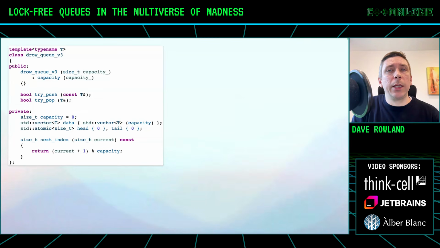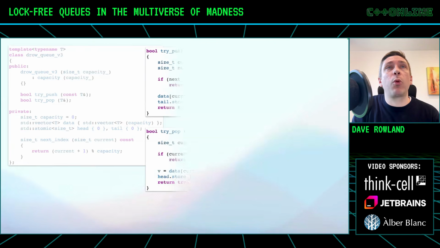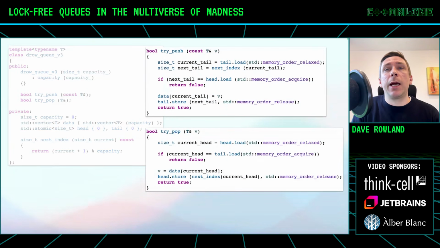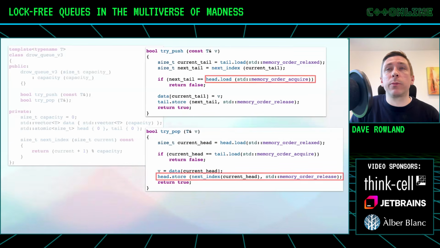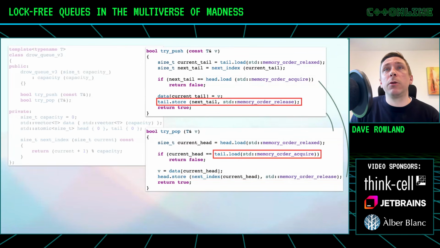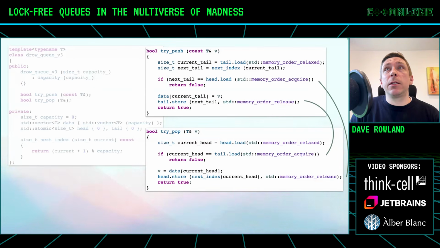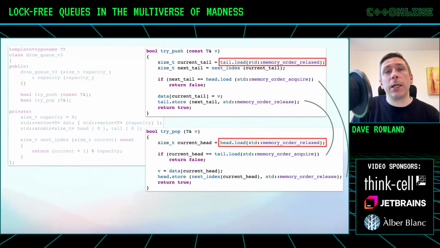So let's try applying this to our queue and seeing where we can reduce the memory ordering. Now, the first thing we need to do is pair up the head and tail loads and stores between our 2 threads. So we do an acquire load and a release store on the head, and then we do the same for the tail. The other thing we can do is use a relaxed memory order for the initial loads for the head and tail.